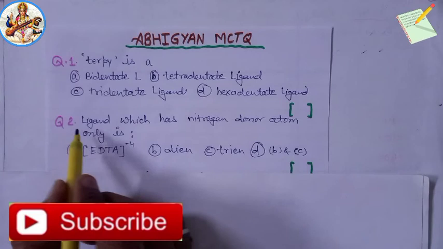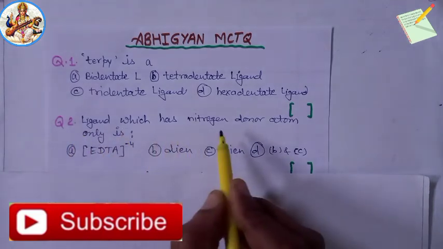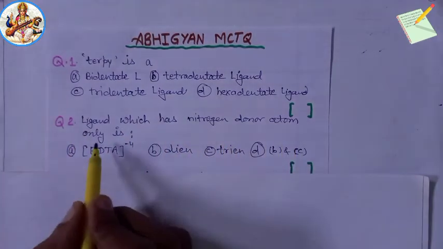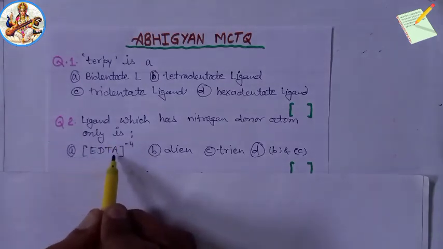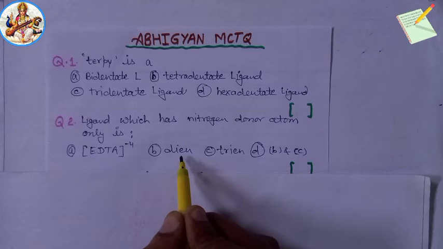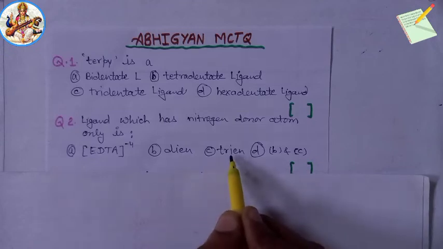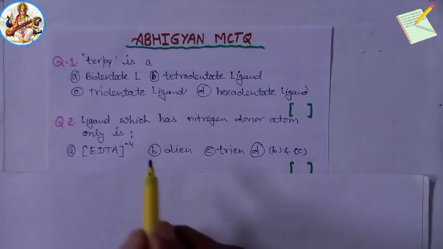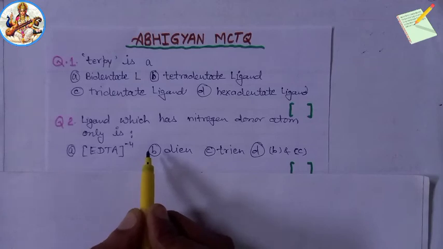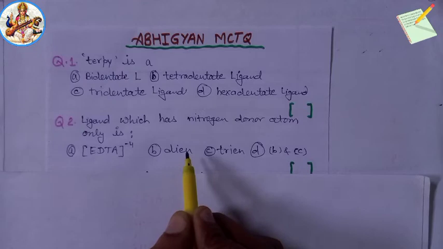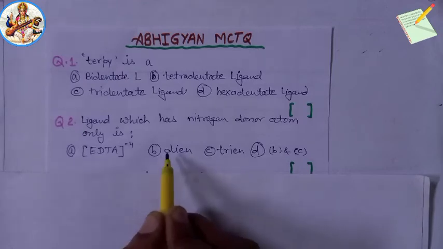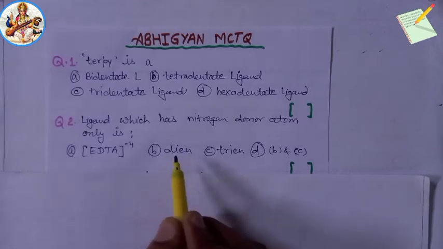Now next, question second: the ligand which has nitrogen donor atoms only is. Very important question. Option A EDTA 4-, B dien, C trien, D B and C. We know that in dien donor sites are 3 nitrogen atoms.